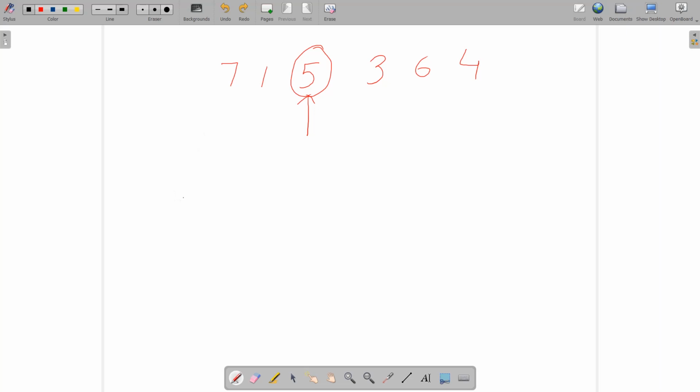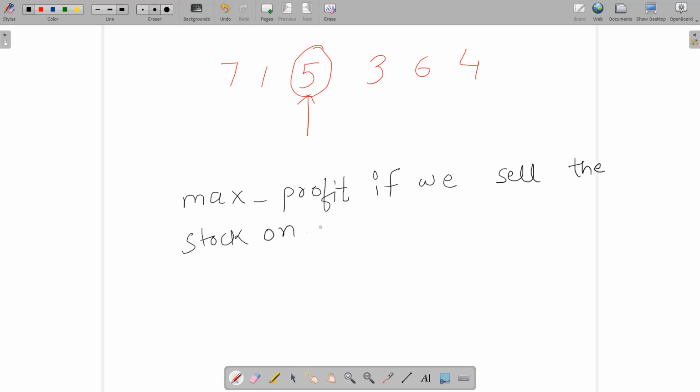If you write down the maximum profit, like the equation, not calling it an equation, let's say max profit as a general mathematical term. Max profit is what we need if we sell the stock on the ith day.